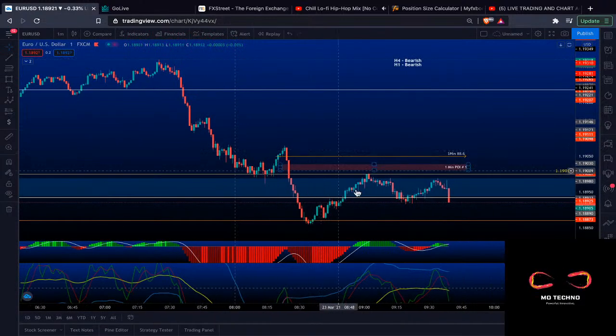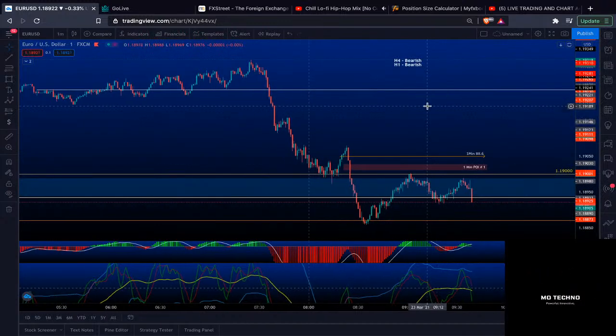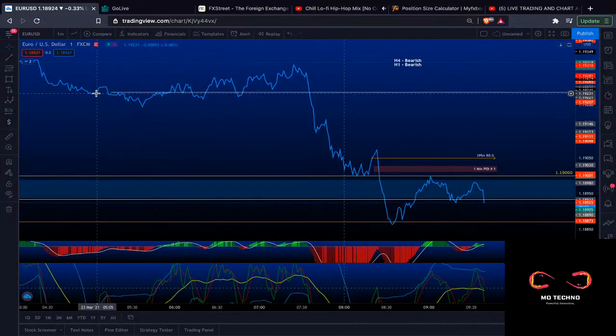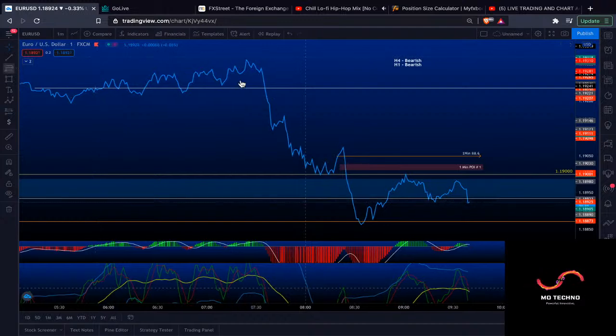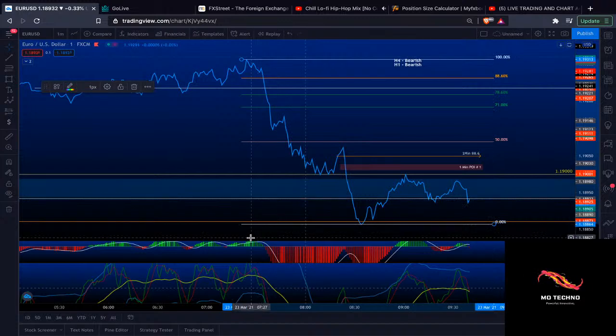We have not quite yet got to that area, so I might be looking for potential sells over here. To be quite honest, I would much prefer to see something like this. Alright, this is more structured to me.